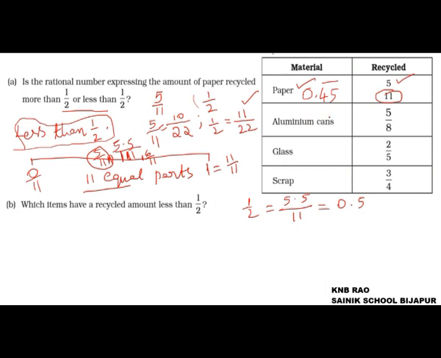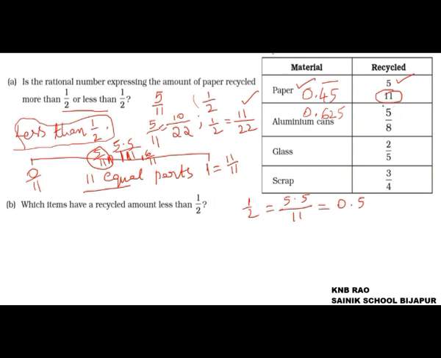Then next, coming to the aluminum cans, I can convert these again similarly into decimals. 5 by 8. 5 by 8 is 0.625. It must be more than half.